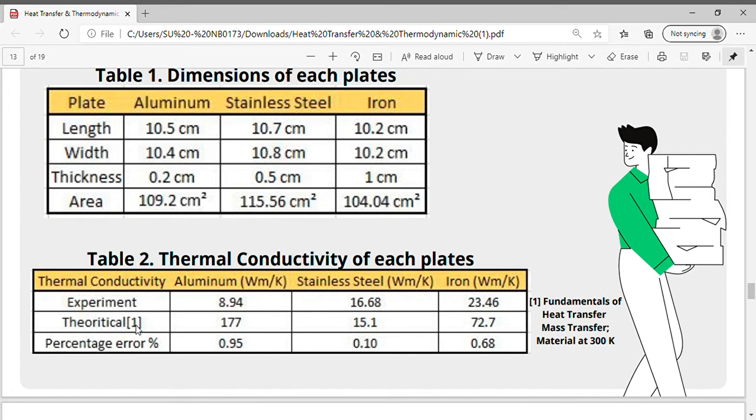I got the theoretical thermal conductivity from the book Fundamentals of Heat Transfer, where I assume the material of each plate is at a temperature of 30 Kelvin.